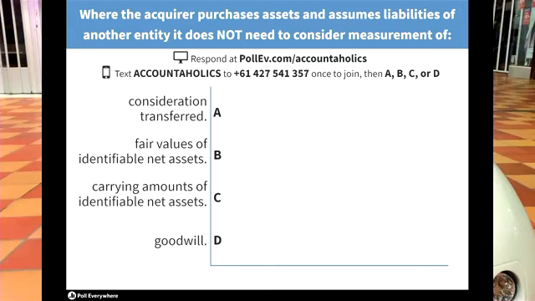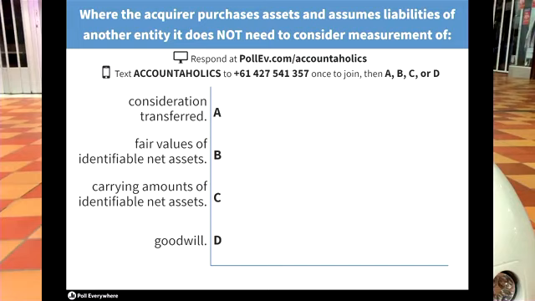Okay. Where the acquirer purchases assets and assumes liabilities of another entity, it doesn't need to consider the measurement of: A, consideration transferred; B, fair value of identifiable assets; C, carrying amount of identifiable assets; D, goodwill. Which one have you selected?